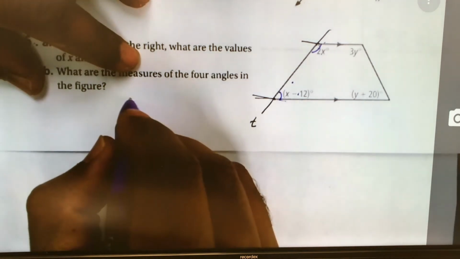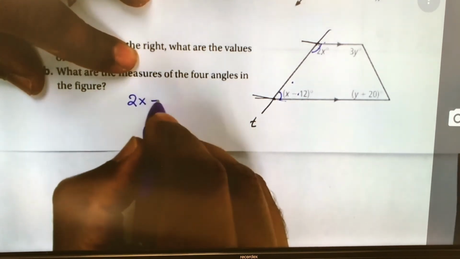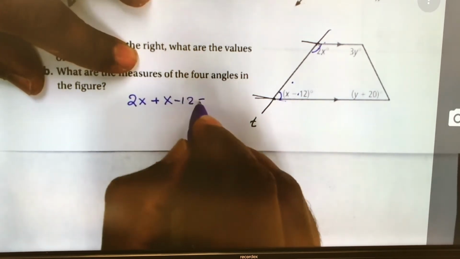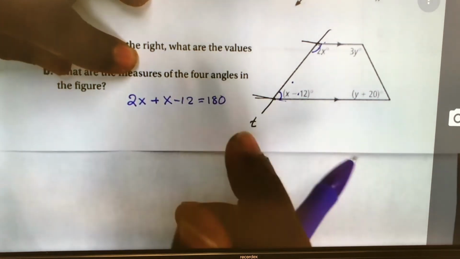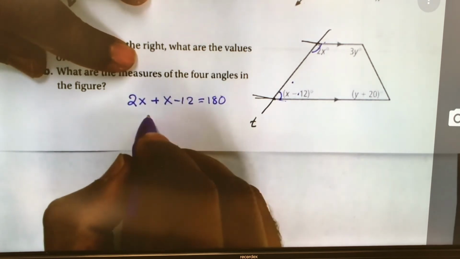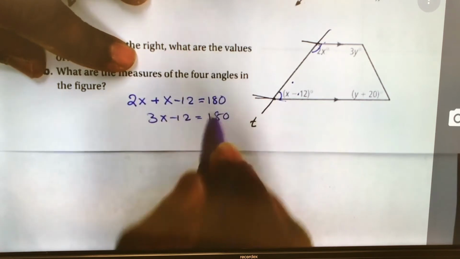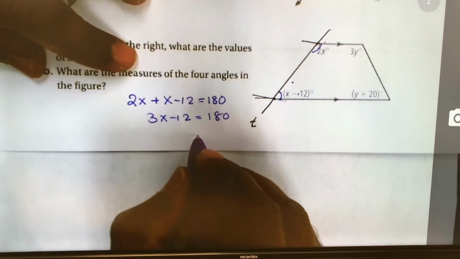So we can set up an equation, 2x plus x minus 12 is equal to 180. Then solve for x, combine the like terms and add 12 on both sides. So you get 3x minus 12 is equal to 180. To solve for x, first you need to add 12.